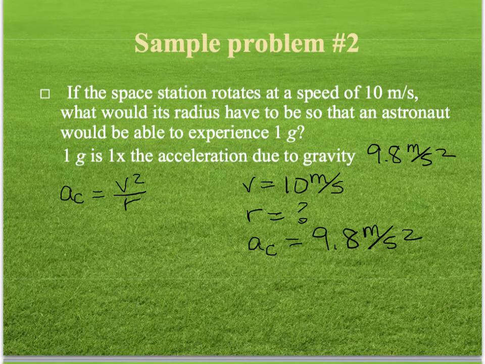So plugging it all in, we have a 9.8 for our acceleration. We have 10 meters per second for our velocity. Don't forget to square that. Then we have r on the bottom. So we have 9.8 equals 100 over r. Now here's where we often make mistakes.